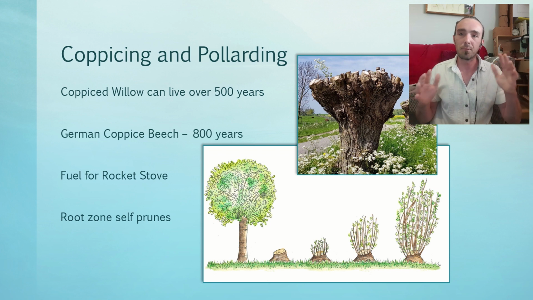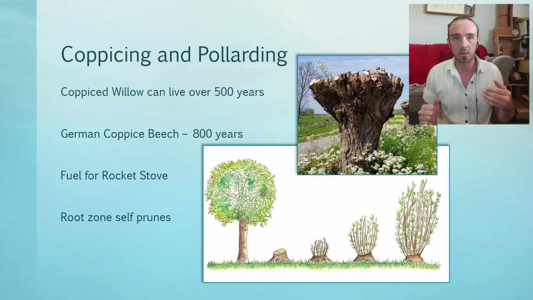Something that's miraculous is that when we cut the top, the tree itself prunes the bottom. So it prunes its own roots. And what that does is it creates what we call compost corridors in the soil. Because it's cut off the circulation, it's cut off the life, the roots die and rot in the soil.